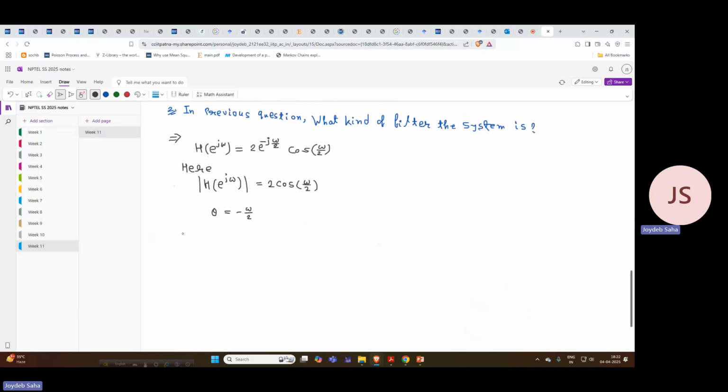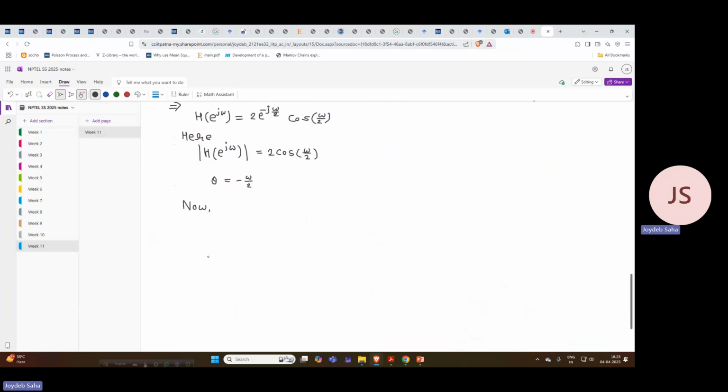Now for omega is equal to 0, mod of H of e to the power j omega is equal to 2. It will be cos 0 is equal to 1, right?